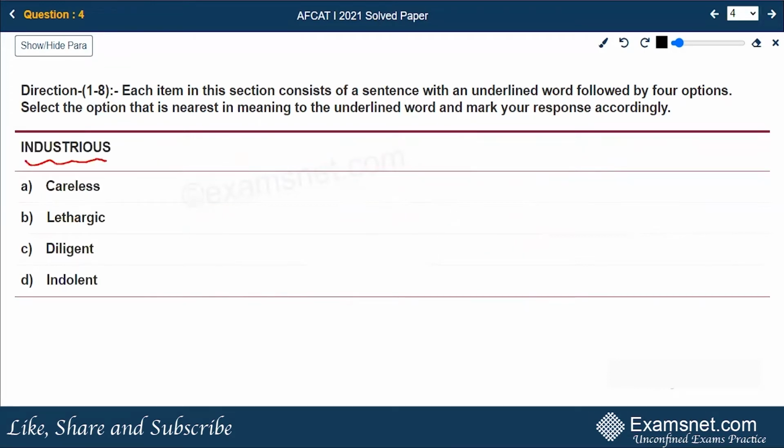Industrious, careless, lethargic, diligent, indolent. Let's discuss the meanings one by one. Industrious means the one who is always working hard. Careless, one who does not care for anything.